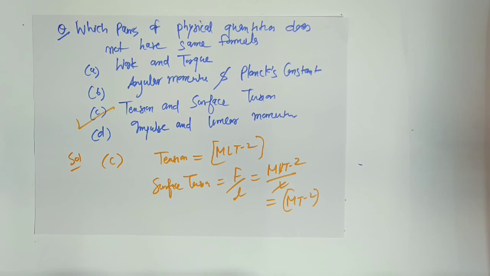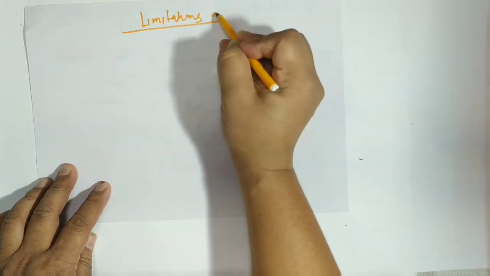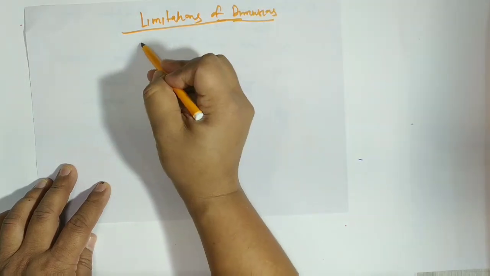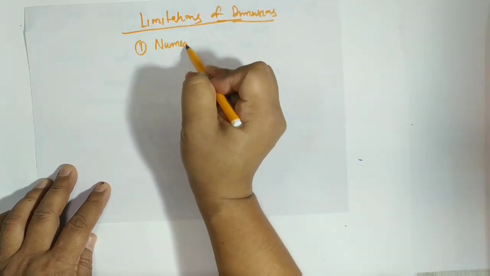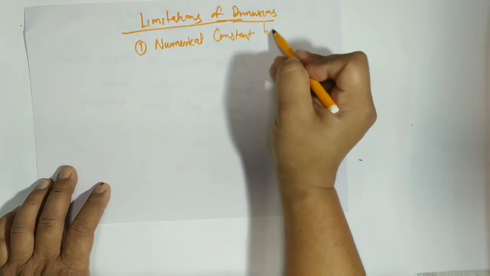In this way we have done the questions related to dimensions, and dimensions are almost finished. We'll do some tough questions later on, but there are some limitations of dimensions you can go through. One limitation is that a numerical constant has no dimensions.